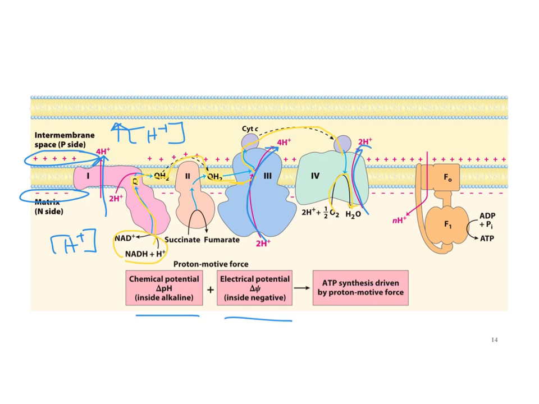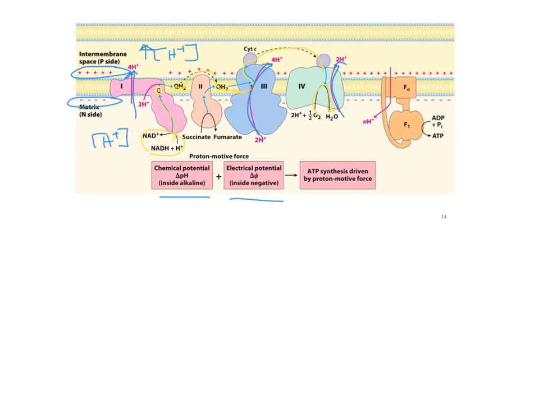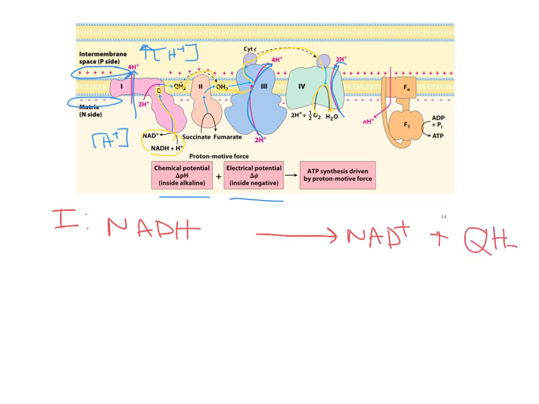And I'm just going to write some of the full reactions for this so that you can see that overall really it's just going from NADH into oxygen. So bear with me here. Okay, so complex number 1. Electrons start at NADH, which gets oxidized to NAD+, and they end on QH2, which means I have a Q over here.